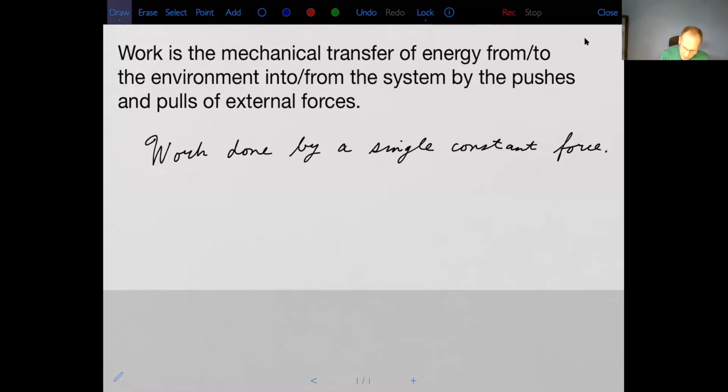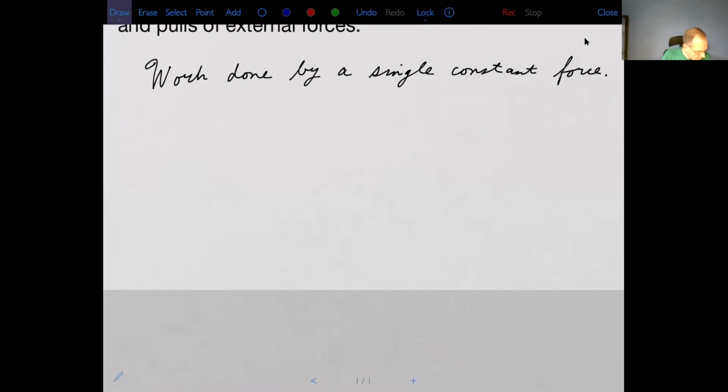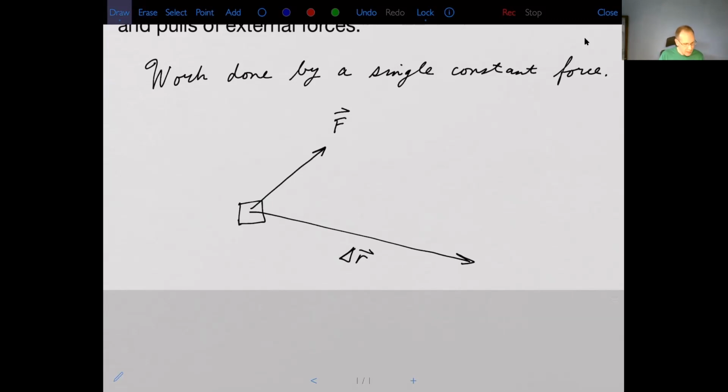Okay, so let's say we have a situation where we have our object. Let's assume this is the single force acting on it, so a force F. And we'll say that the object undergoes a displacement in this direction, called delta R. We'll use delta X later, but delta R now is just a general way of saying the displacement.